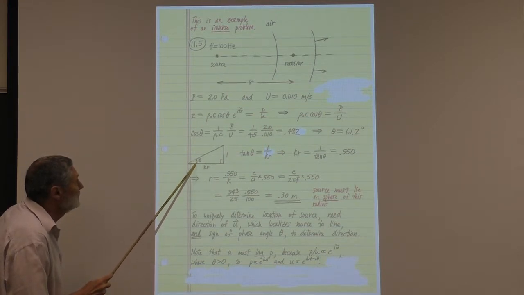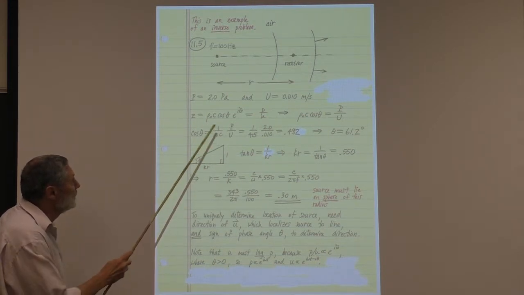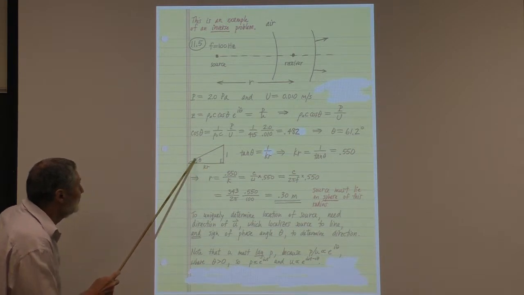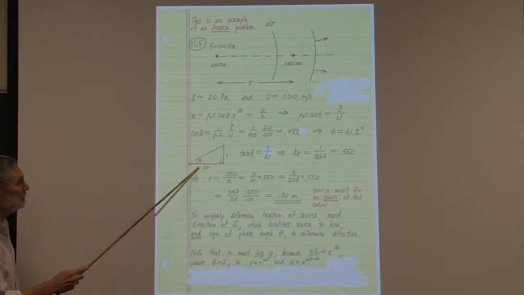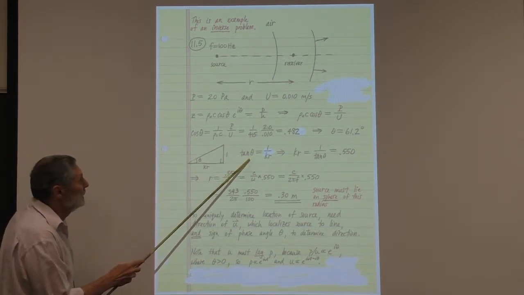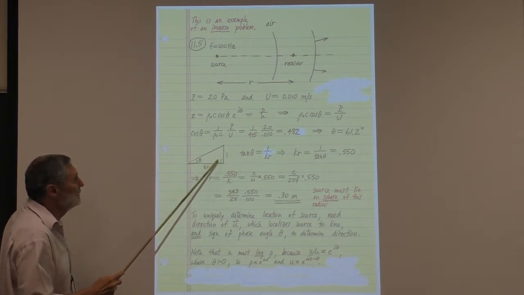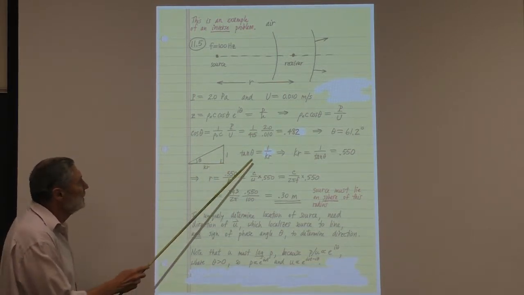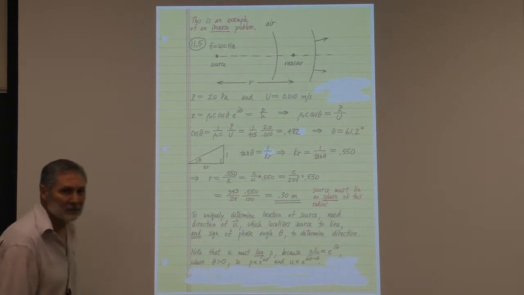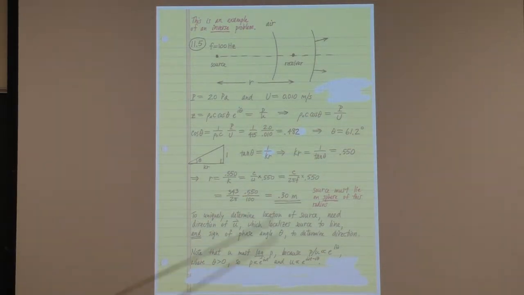So we know the phase angle, we know the frequency, and you can see from the right triangle construction here that the tangent of theta has to be 1 over kr. So we can find r with our 61.2 degrees.